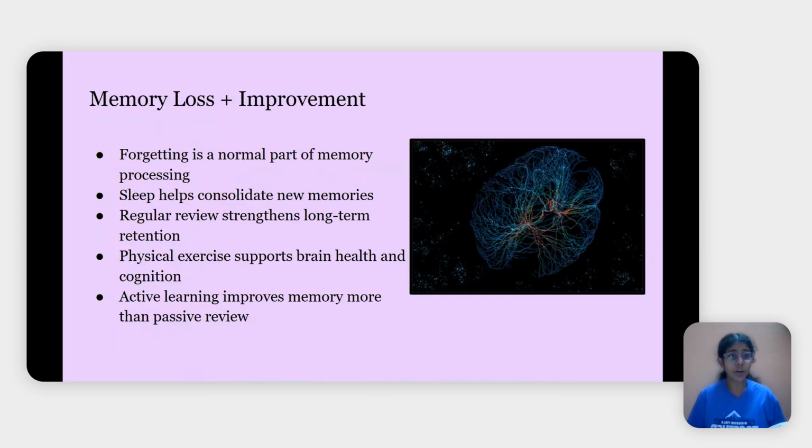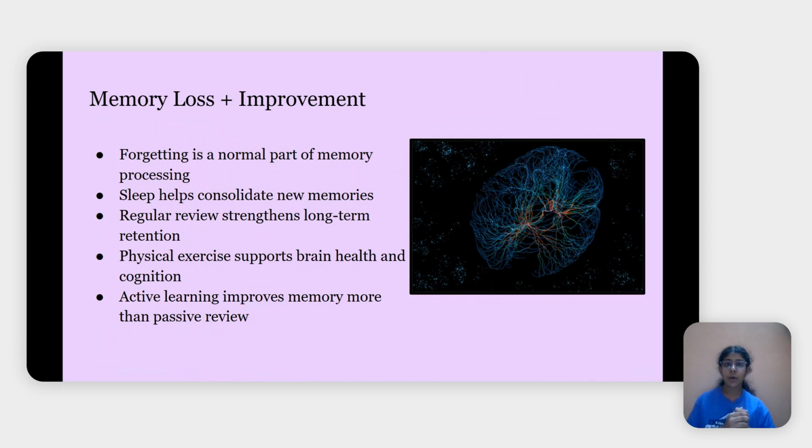Now, while we're on the topic of memory, memory loss and improvement are a huge topic of discussion, especially because forgetting is not just a normal part of life, but a normal part of memory processing as well. More often than not, when learning content, students forget things and then relearn them.